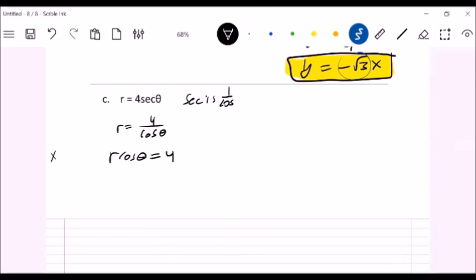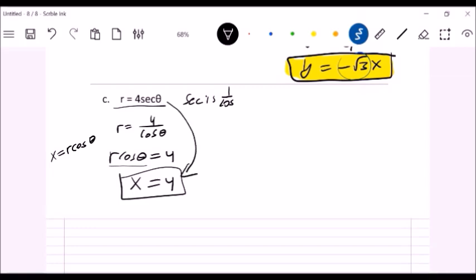I think I remember something about x being equal to r cosine theta. Yes, of course. x and r cosine theta are the same, so let's rewrite that with x as x equals 4. Oh, that's our line. We've just changed this equation into that equation, x equals 4, and that's all we need to do.